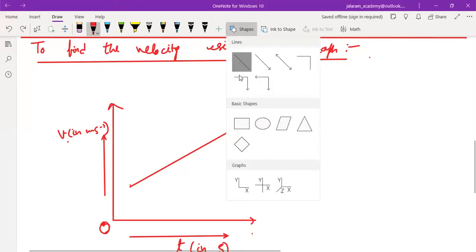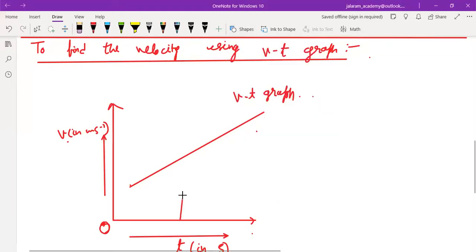So you guessed it correctly. First we draw perpendicular to time axis at the point showing the required time.